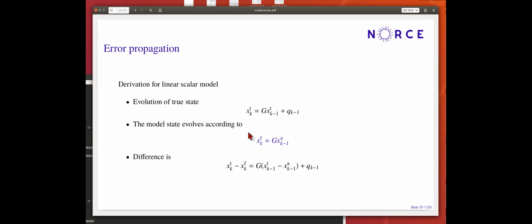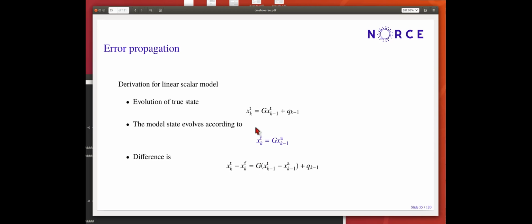What we are solving is typically this one. We have a best estimate, an analyzed estimate at time k-1. We operate with the model operator, and we get a forecast at time tk. If this is the true evolution and this is our approximate evolution, then if you compute the difference, we can have an evolution of the errors.